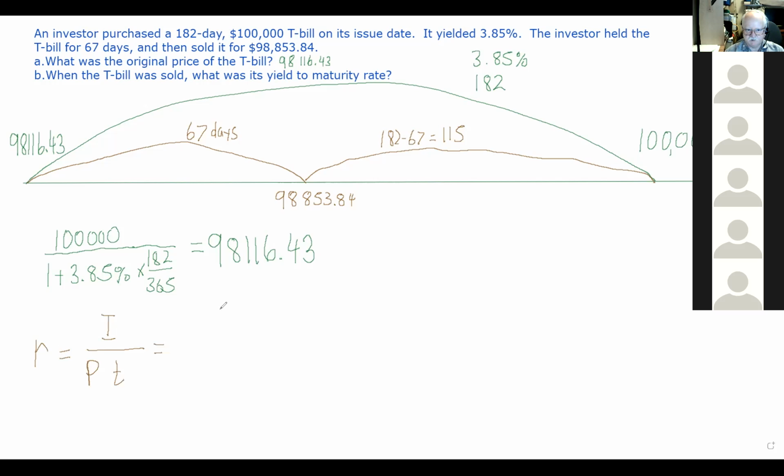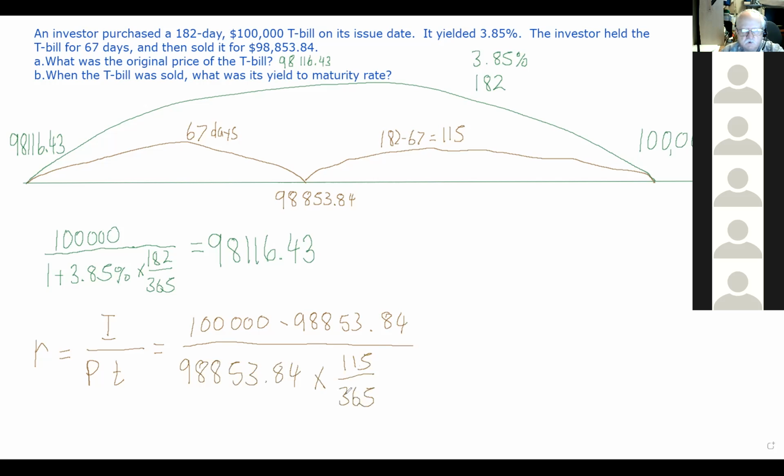The interest amount we have to calculate separately. 100,000 minus 98,853.84. And the amount they paid for it was the 98,853.84. And the time is 115 over 365.